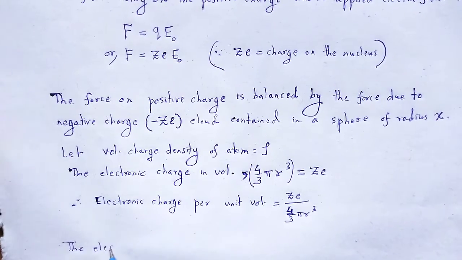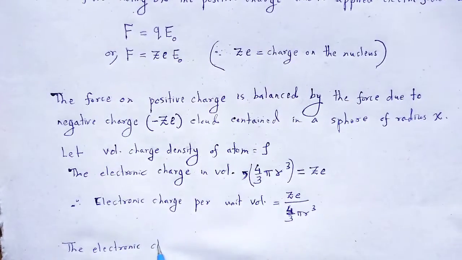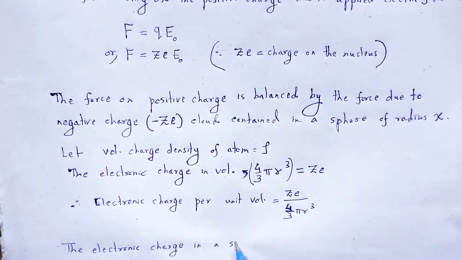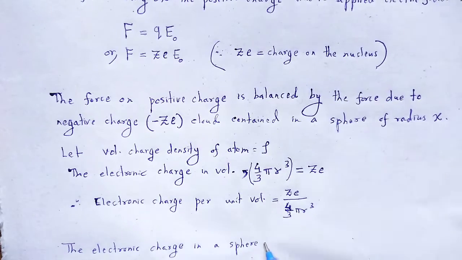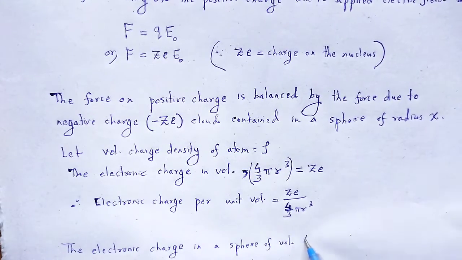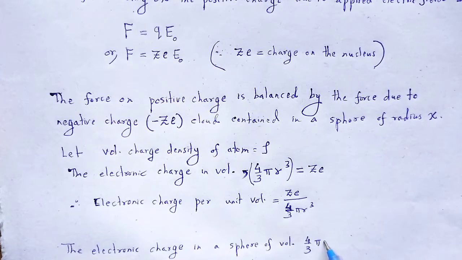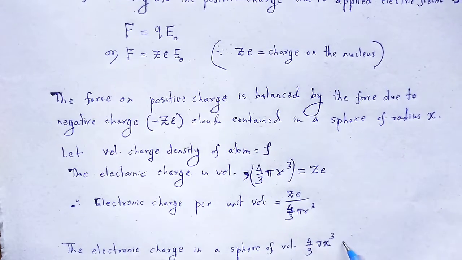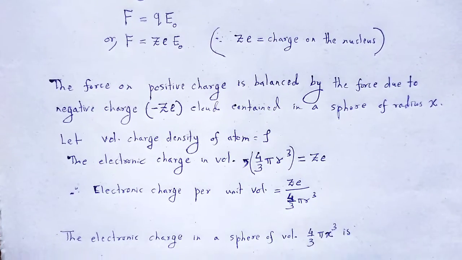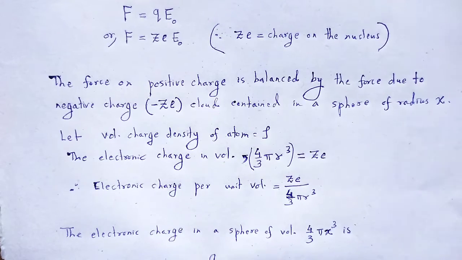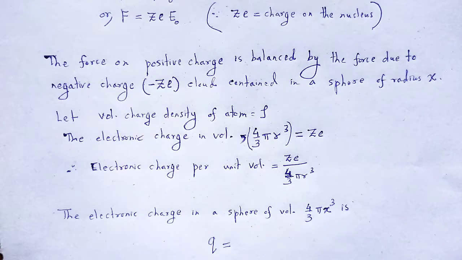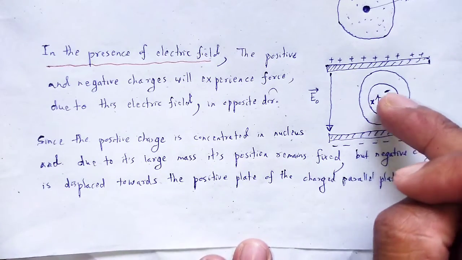The electronic charge in a sphere of volume 4 by 3 pi x cube is the total charge present in that sphere. What will be the total electronic charge?